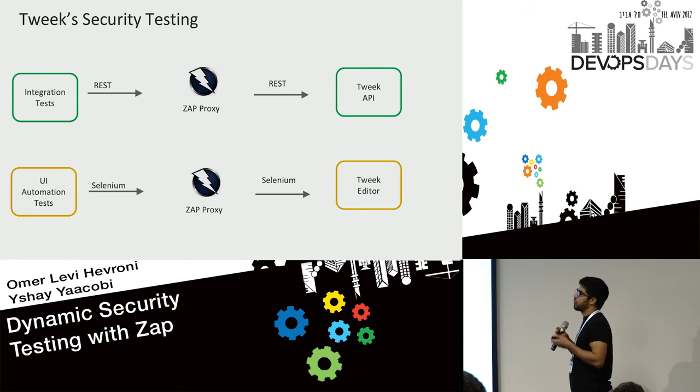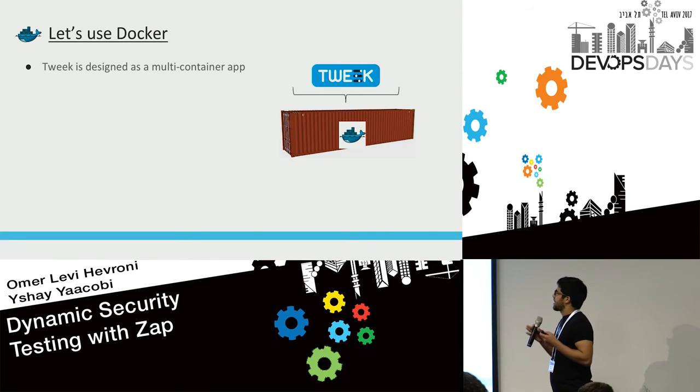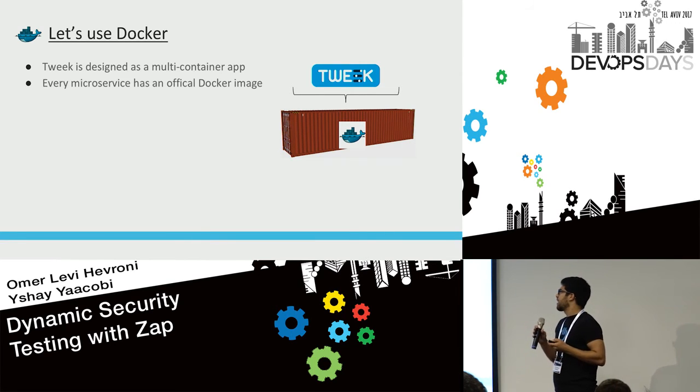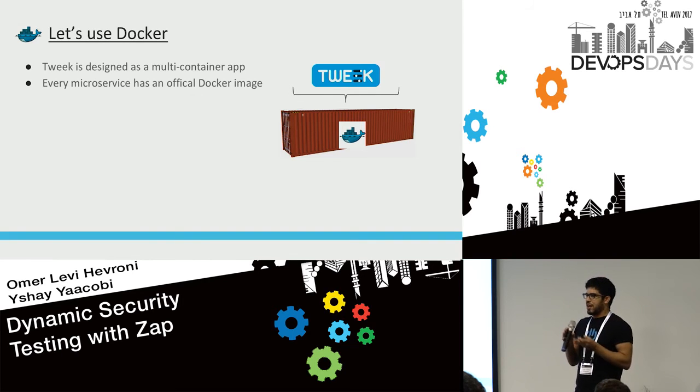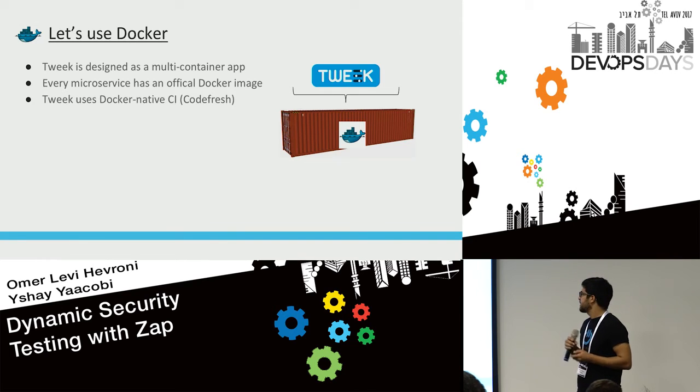So how are we going to do this setup in our CI? We are going to use Docker. I'm pretty sure this is DevOpsDays, so probably you've heard Docker quite a lot. Tweek is designed as a multi-container app. Each microservice of Tweek, and there are a couple of other microservices that are only available in the backend, has an official Docker image. And our CI is completely Docker native.